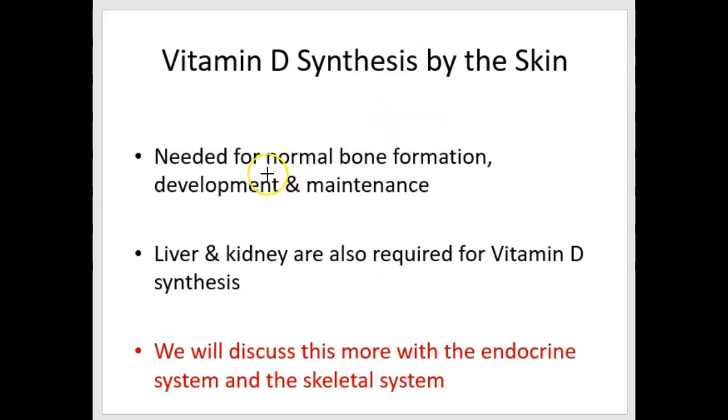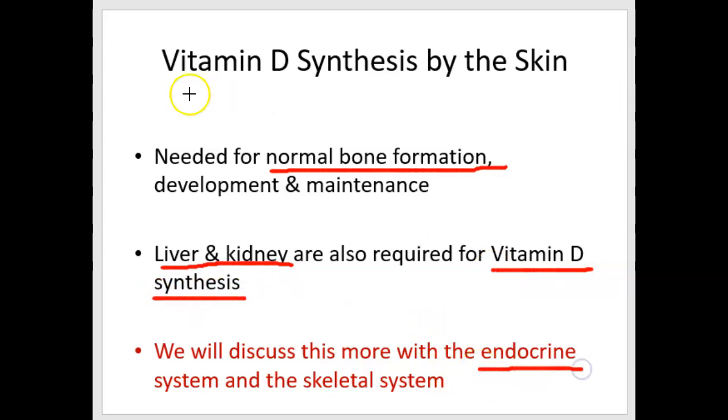Now, vitamin D, as I mentioned, is required for normal bone formation, development, and just keeping it healthy. And the skin participates in making vitamin D. The keratinocytes have a precursor to vitamin D. And the liver and the kidneys are also necessary to get complete maturation of the vitamin D. So we'll talk about this more with the endocrine system, because it turns out that vitamin D is a hormone.